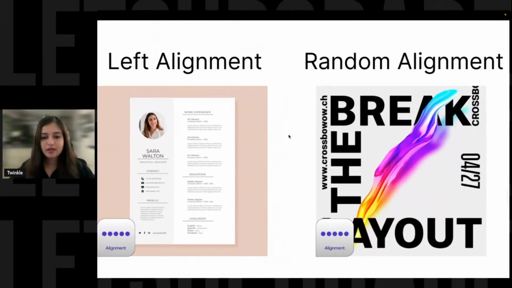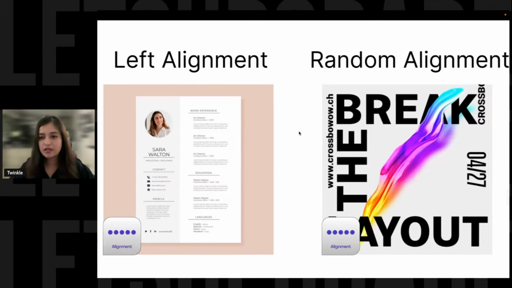Okay. Now we kind of come to the last leg for this design research part, which is alignment. So basically, as I had mentioned before, when we talk about creating a CV or a resume for any professional, we understand that it has to be left aligned, because that is the reading shape that our eye follows.